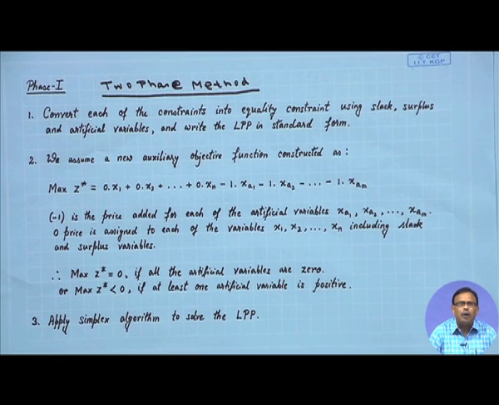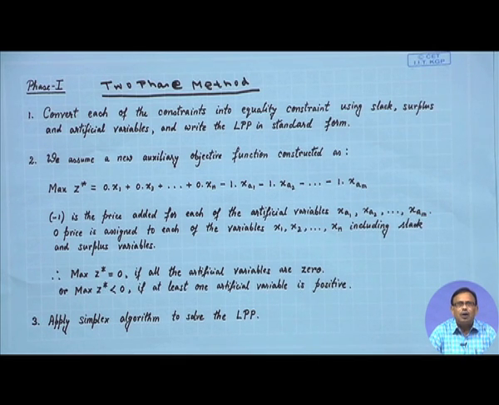Please note that step 1 we have already done for the simplex approach and the BGAM approach. That is, you have been given the LPP in canonical form. From the canonical form, you convert the LPP into the standard form by converting each constraint into an equality constraint with the help of slack, surplus and artificial variables.